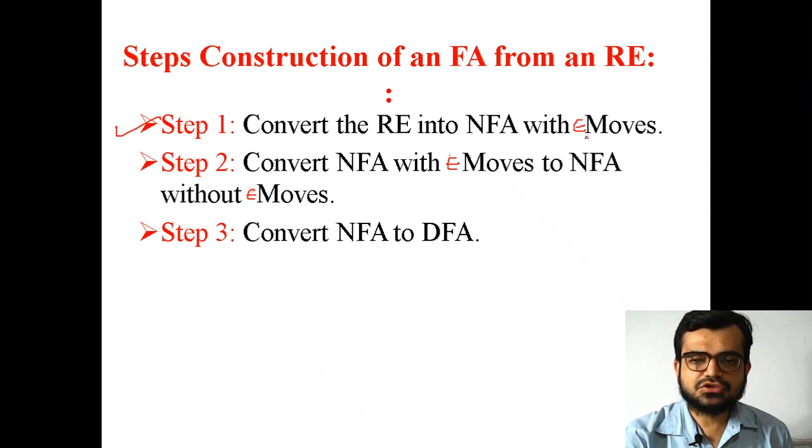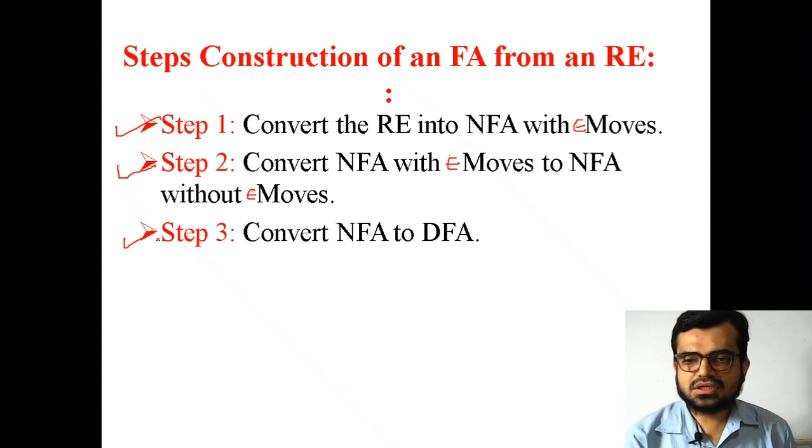Okay, I'll let you know what these epsilon moves are. And the second part is, using that NFA with epsilon moves, we have to convert it into one without epsilon moves, which means a normal NFA. Okay, and using that NFA, we finally convert it into a DFA.